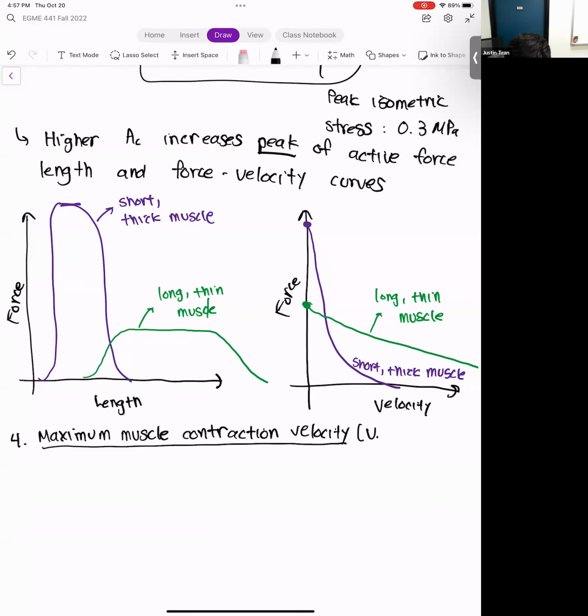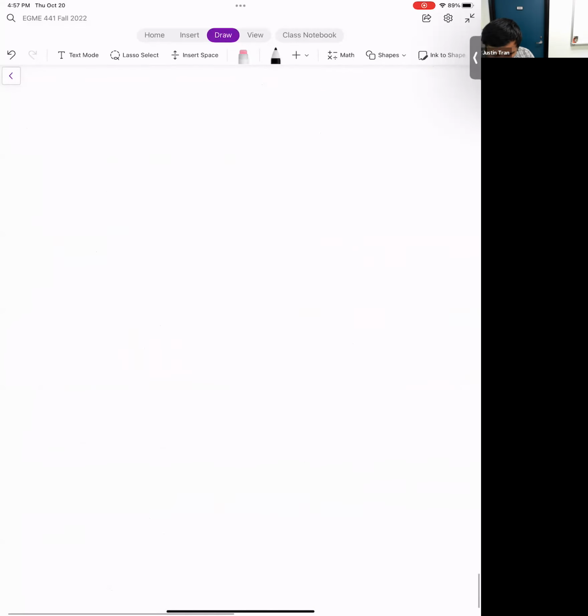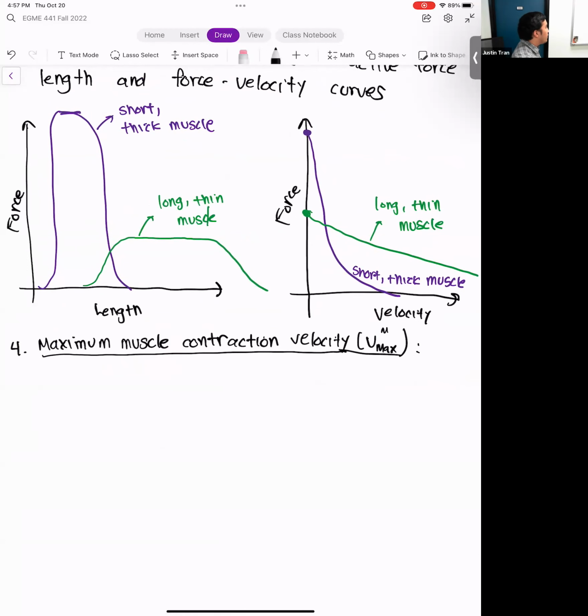So we call this V max. And this property here is fairly straightforward. When you have a muscle that's contracting, it's going to contract at a certain speed. This is just the maximum speed at which it can contract. So the name is pretty self-explanatory.